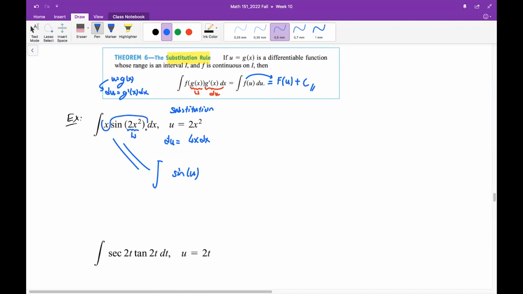And can you express x dx in terms of du? It is possible because from this line you see that x dx is exactly du over 4. So this part is in fact du over 4.